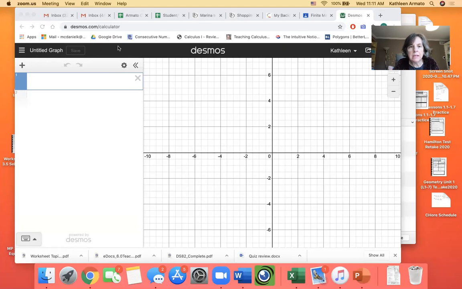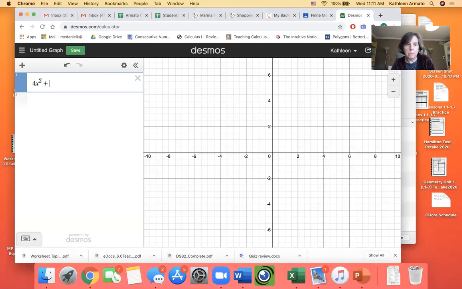Let's go to Desmos and graph this so that we can get a sense of what this looks like. All right, the function is 4x squared plus y squared minus 8x plus 4y plus 4 equals 0.